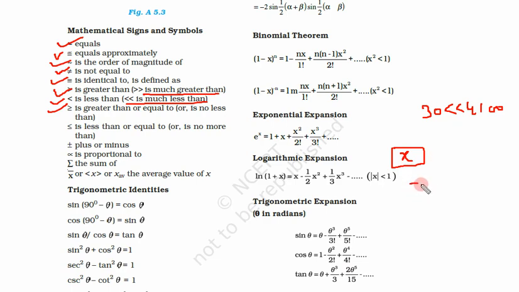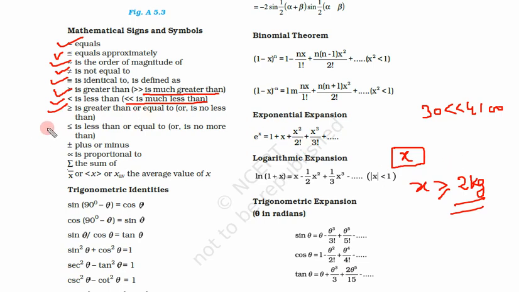So how can we define it? x greater than or equal to 2 kg. That means the weight of the box is minimum 2 kg or can be more than that. So this is the purpose of this symbol, greater than or equal to, at least 2 kilogram or more than 2 kilogram.